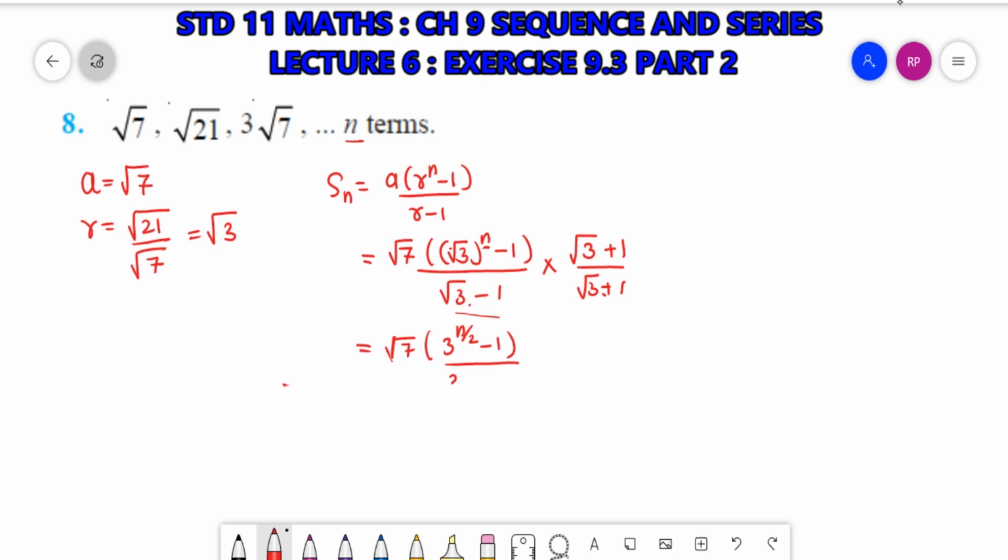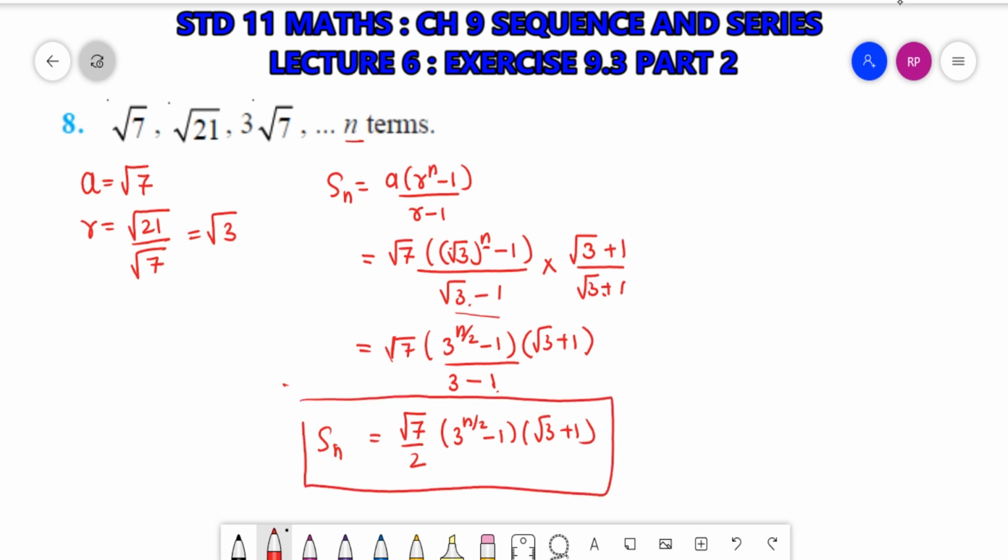So root 3 square, that is 3, minus 1 square, 1, that is 2. And the numerator, root 3 plus 1. So your answer will be root 7 by 2 into 3 raised to n by 2 minus 1, into root 3 plus 1. So this is your answer for question number 8. Just note it down.